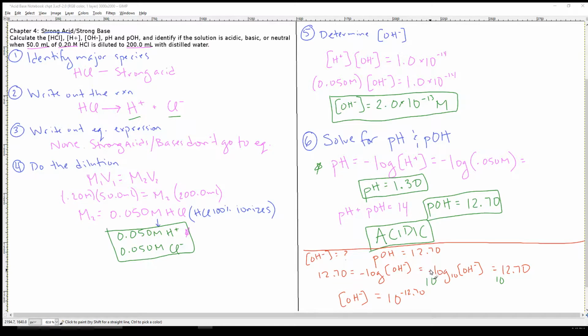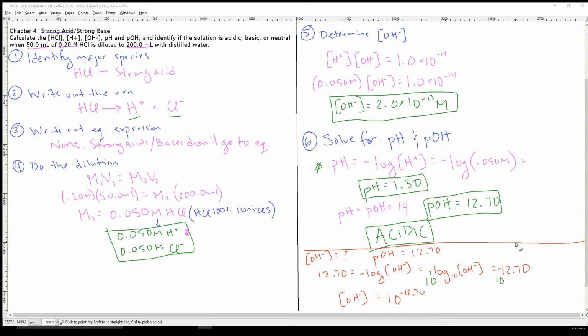Here, I'm going to multiply everything by -1. That'll become positive. This will become negative. Let me use green for that so you can see. That is positive, that is negative. So we have the concentration of hydroxide is equal to 10 to the negative 12.70. And if you do the math on that, you should end up with the same concentration that we had up here at the beginning, which is pretty cool.